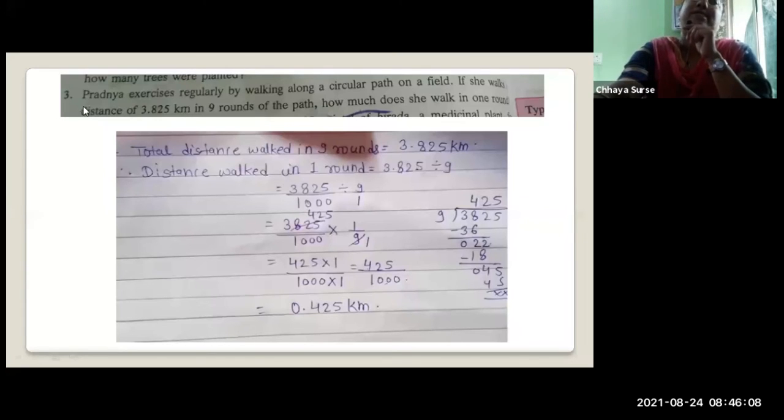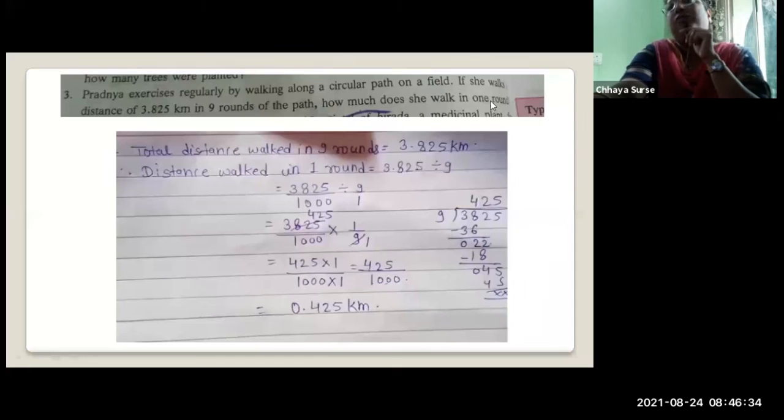Now the next divide word problem. Pradnya exercises regularly by walking along a circular path on a field. If she walks a distance of 3.825 kilometers in 9 rounds of the path, how much does she walk in 1 round?